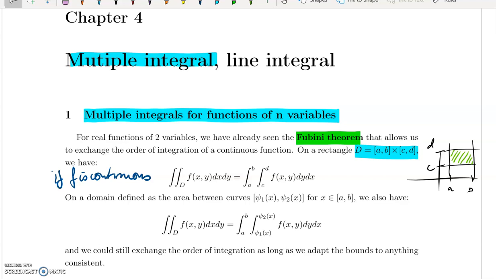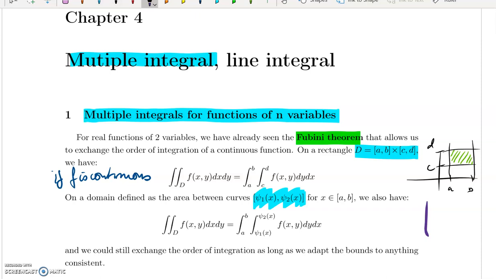Maybe we still have time for one or two nice and simple examples. What comes next is that the square is the easiest case, but now if you have something a bit more complicated, like something looking like this, meaning that for x belonging to [a, b], we have y between two functions of x.